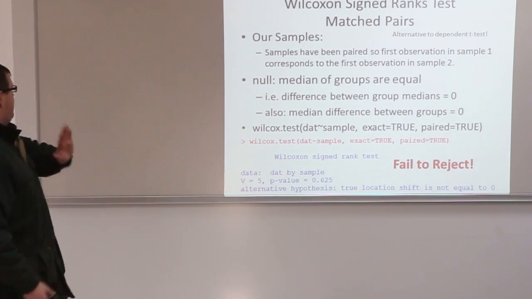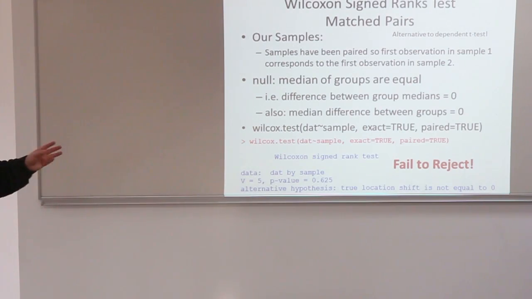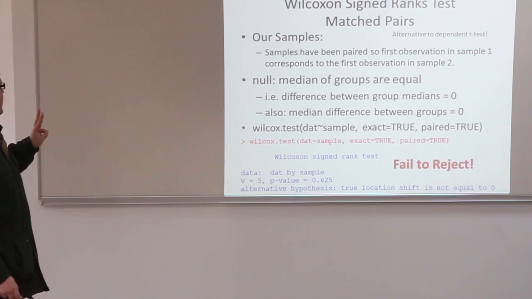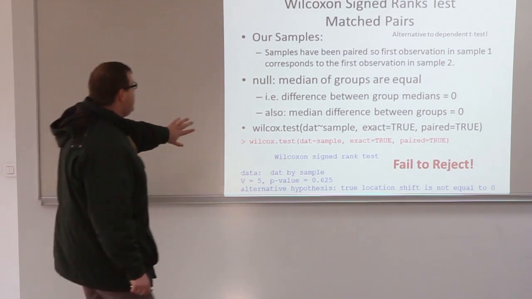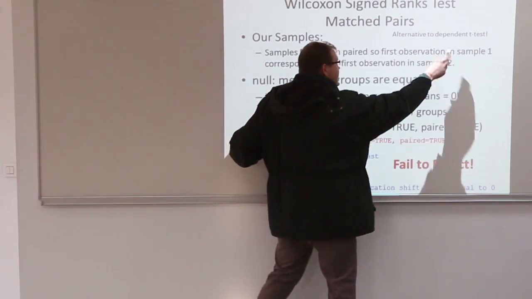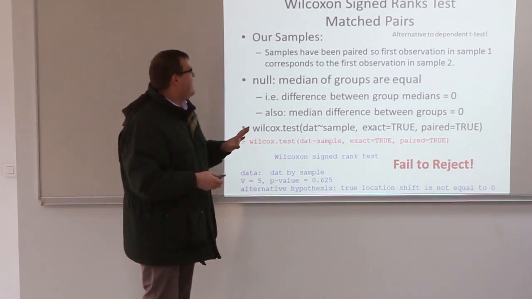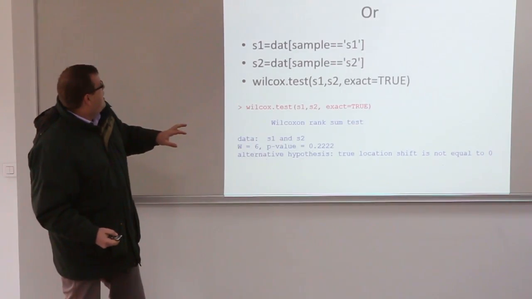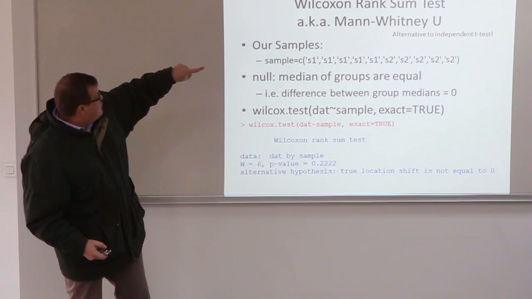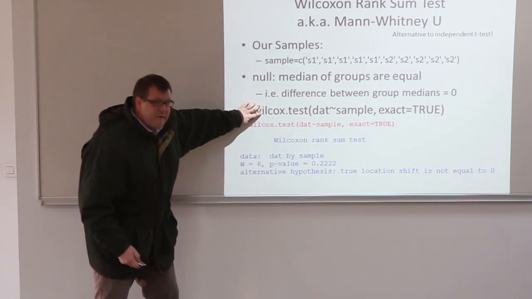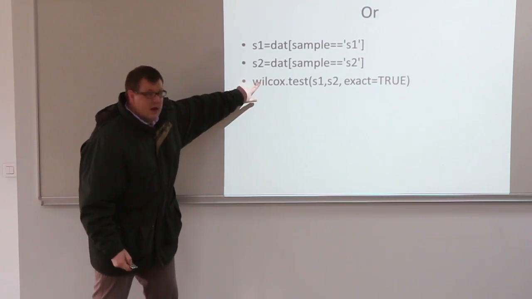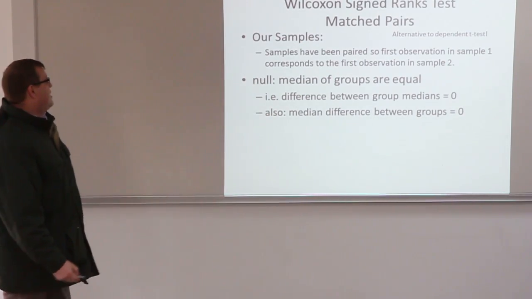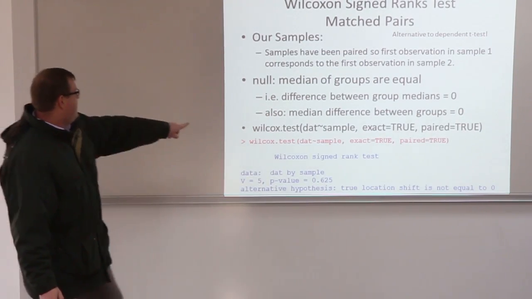Anyway, so here we have done all 3 different types of Wilcoxon tests. And just like we were able to do the independent t-test alternative, that is the Wilcoxon rank sum test with the 2 different formulations, we can do the same thing with our Wilcoxon signed rank test. So here we have it.